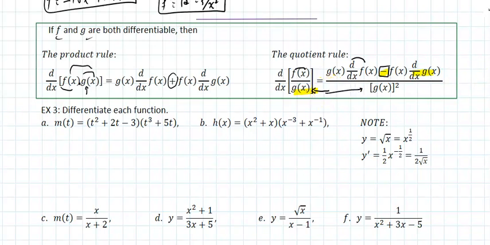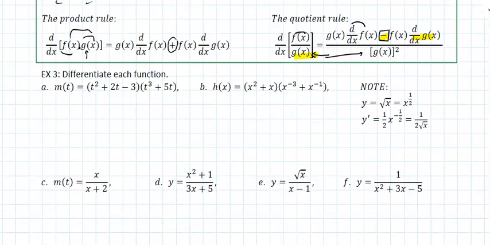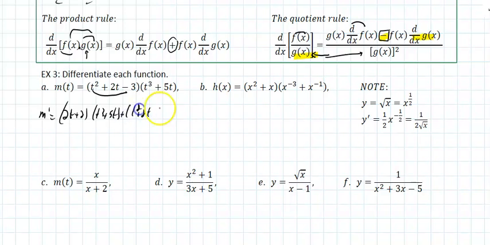That's just a rule. So product rule, if I'm taking a derivative of two functions multiplied, of course I could distribute those in, but it's a lot of work. Derivative of the first times the second plus the first times derivative of this, which is 3t squared plus 5.